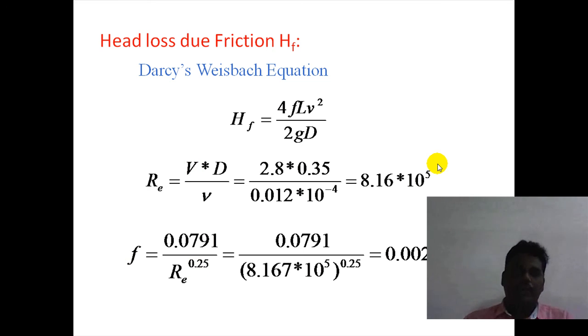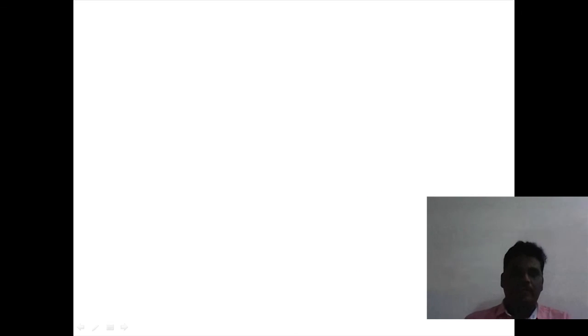There may be a formula to remember, in the design data book or in a heat transfer textbook. From the data book, friction factor is 0.0791 divided by Reynolds number power 0.25, and the range of Reynolds number is given. Substitute, we get the friction factor.